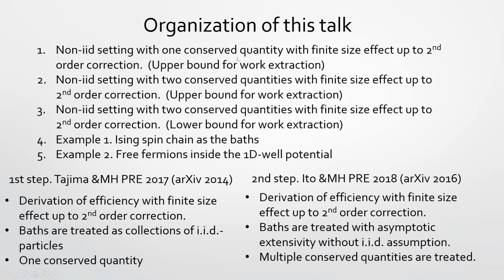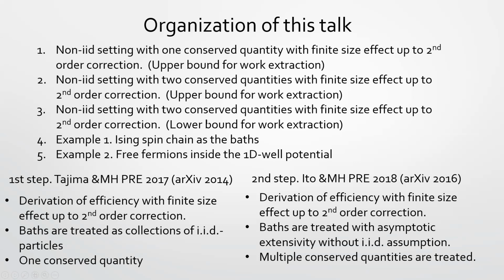Firstly, we introduce this one. And second, we extend this result to the two conserved quantity case. This kind of generalization is maybe not so difficult. But if you study this one in the beginning, maybe you have a very big difficulty, because the situation is very, very complicated. And later we explain the lower bound.